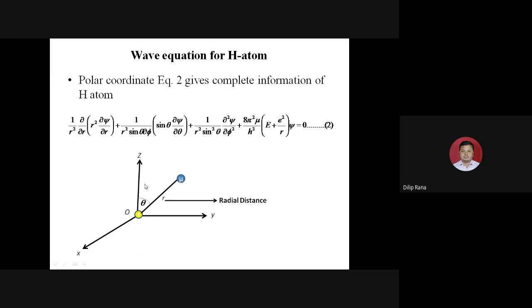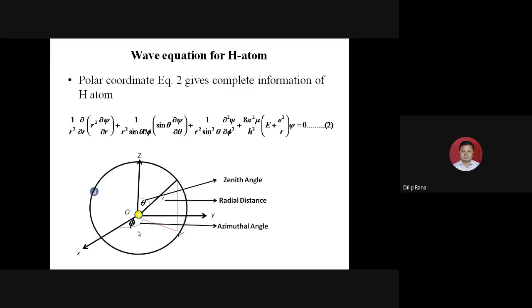This particle is having some angle with the axis, that is theta. It is also considered the principal angle, the zenith angle. And the other angle, for the plane xy with the z, is the azimuthal angle. So this is the simple representation.